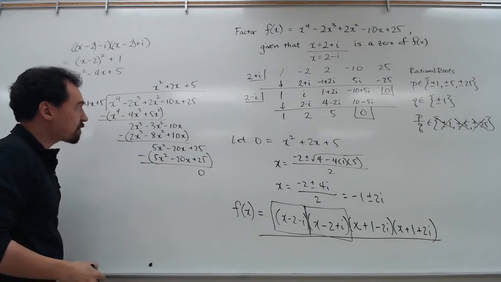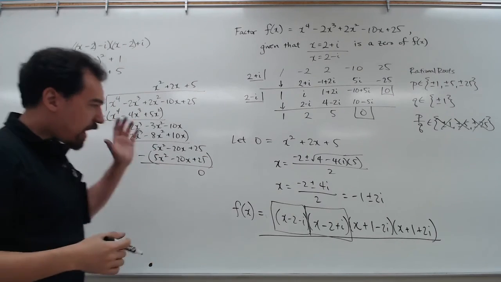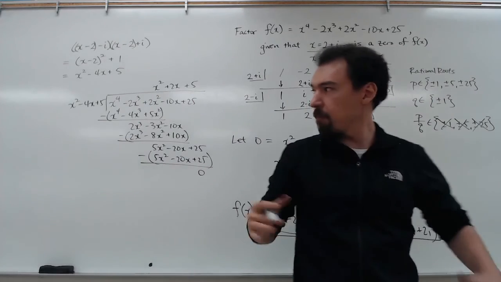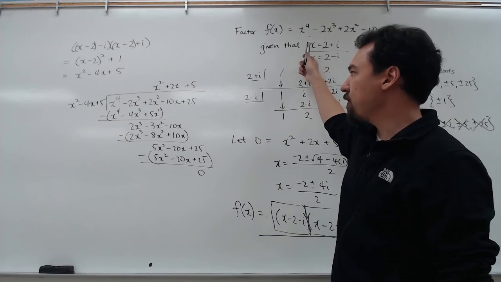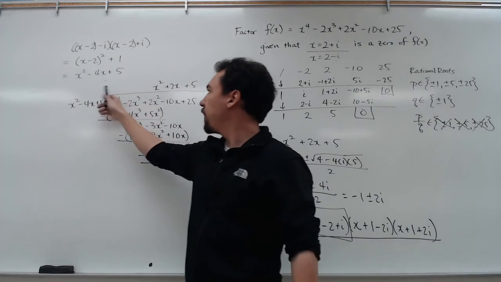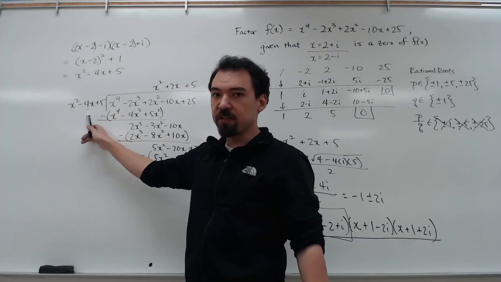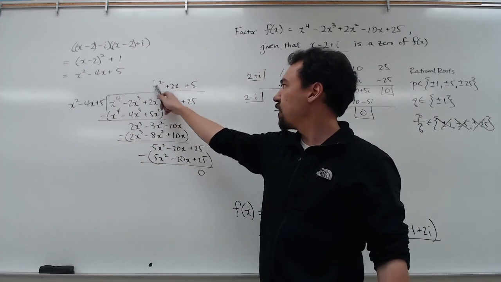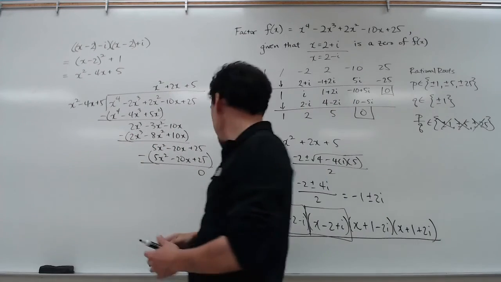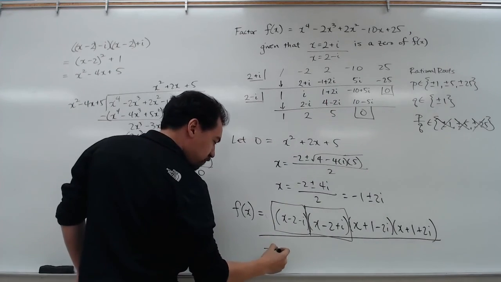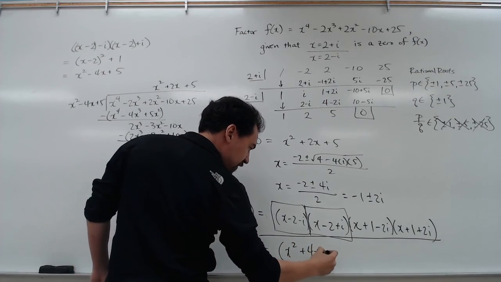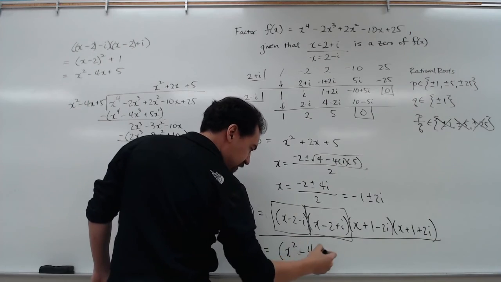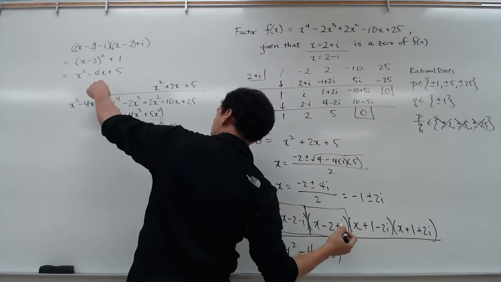Yeah? So what I have just discovered by doing that is f of x will factor down into that, which is the divisor, times the quotient, which is that. So really, I can rewrite this as x squared minus 4x plus 5 from there.